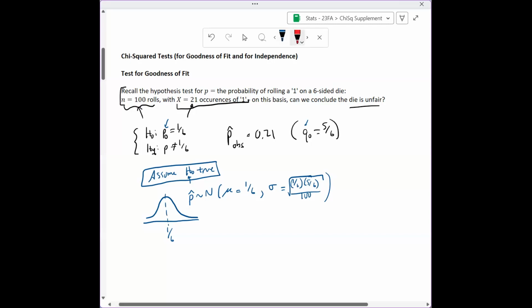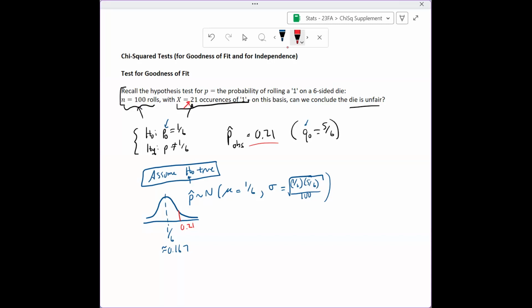Our 1/6 is about 0.167. Our P hat observed was 0.21, a little bit to the right. And remember, the idea here is that if we rejected for this sample, we would also reject for samples where we got more than 21 occurrences of a 1.